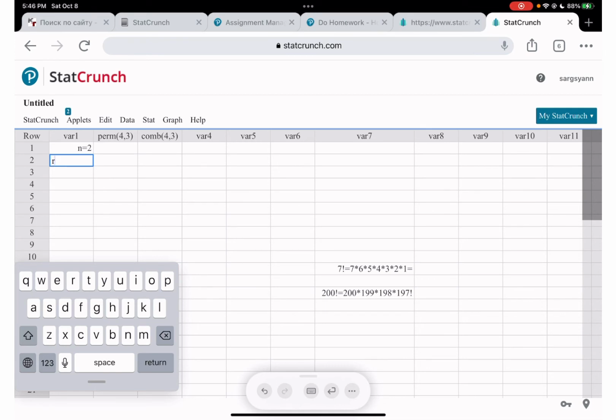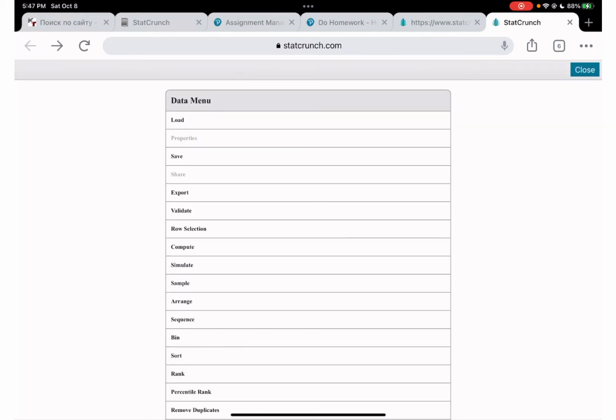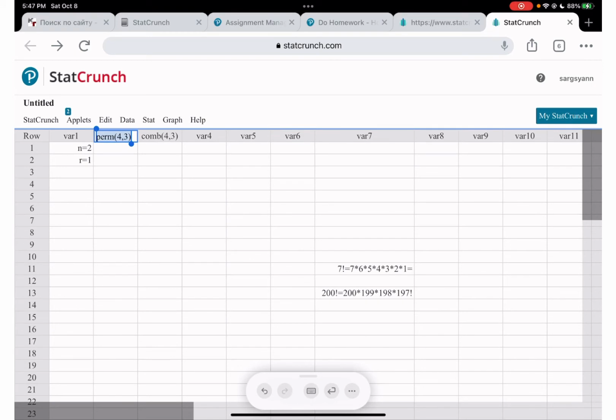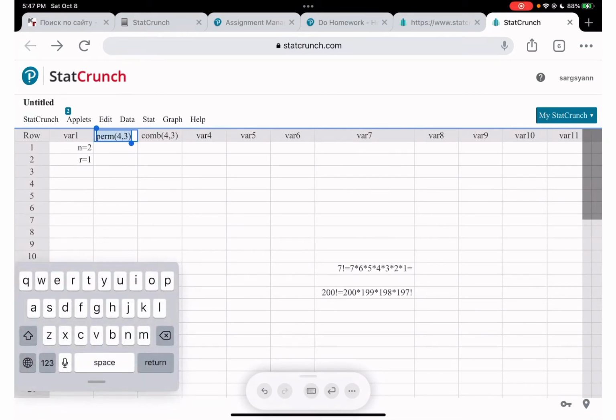R is equal to 1. Next, taking data, let me delete this.